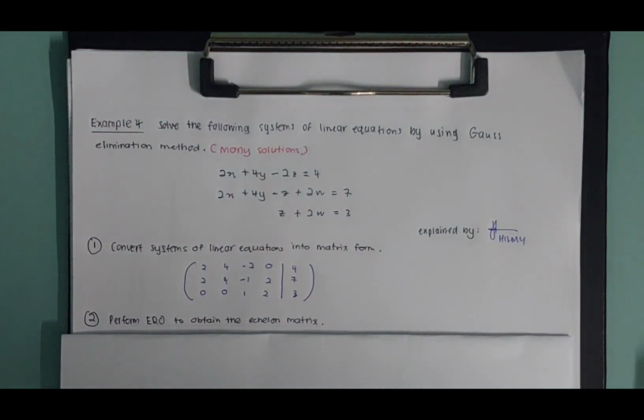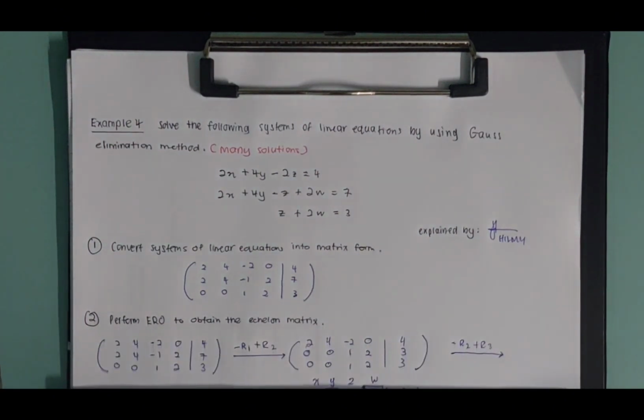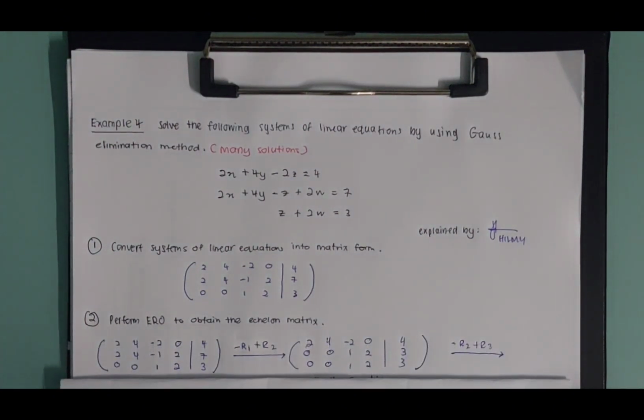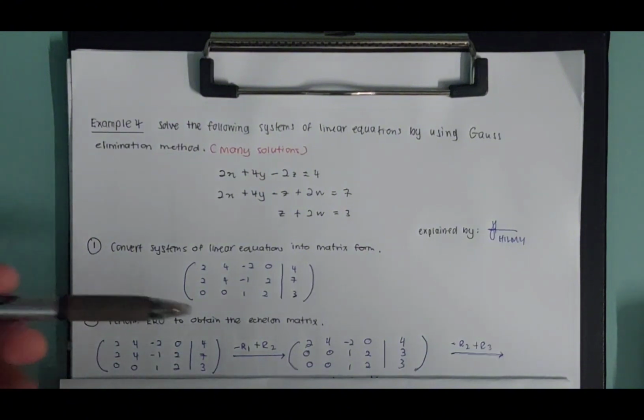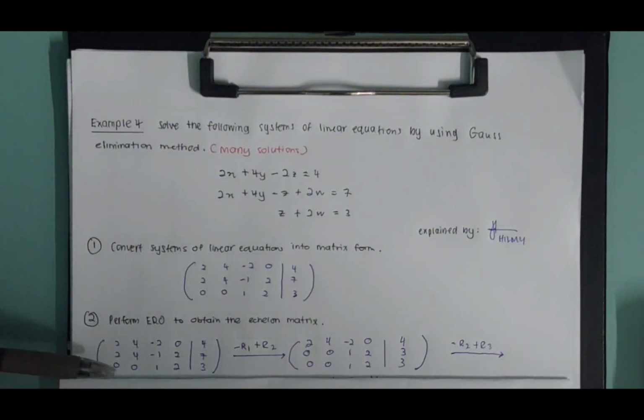And second, we have to perform EROs on the matrix form here to obtain its echelon matrix. So the first step which I have done here is to obtain the leading one for the second row, where I multiply negative 1 by the first row and then add it to the second row, which I get here.